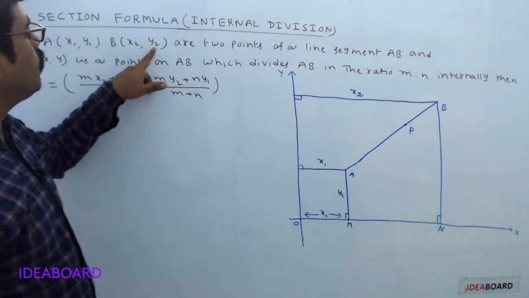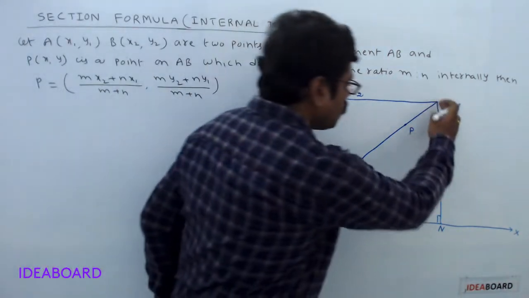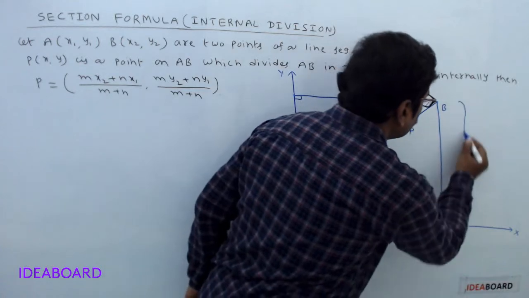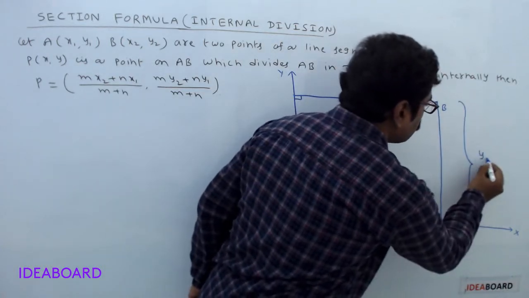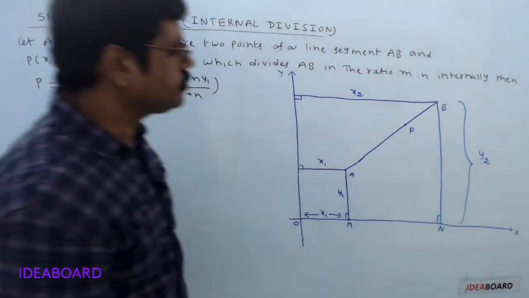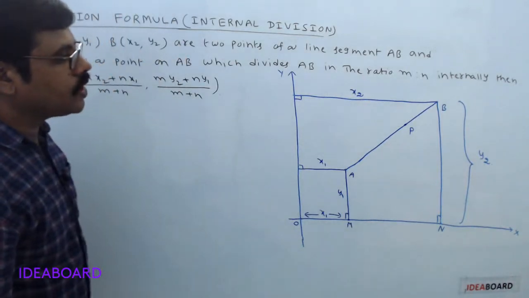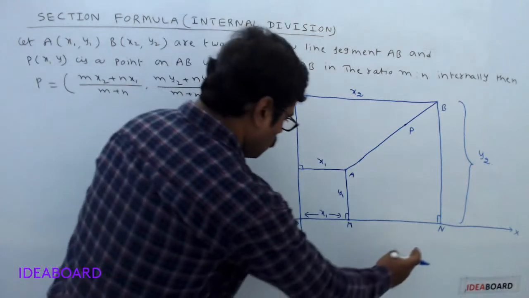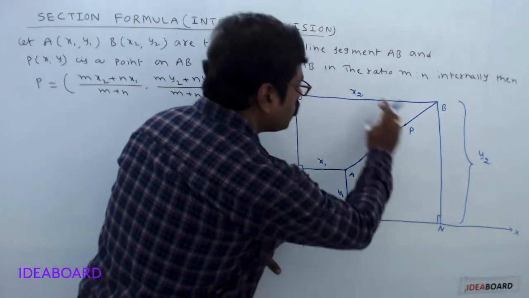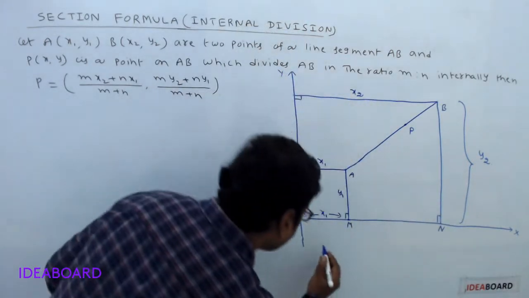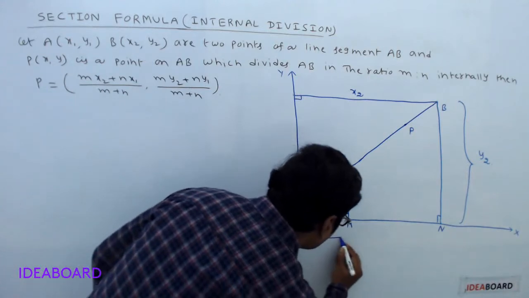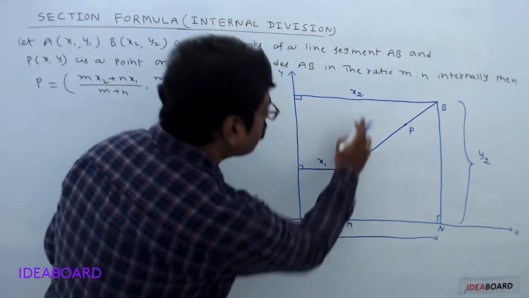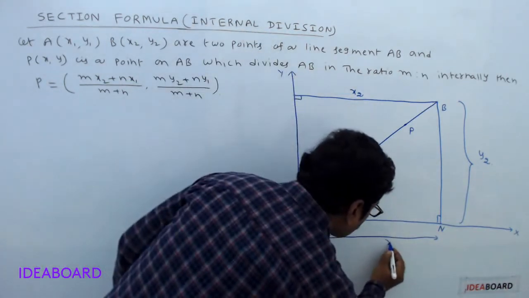The y coordinate of B is y2, so this full length will be y2. Now if you look at the diagram, this length is x2, so ON is also equal to x2. The distance between the points O and N is x2.